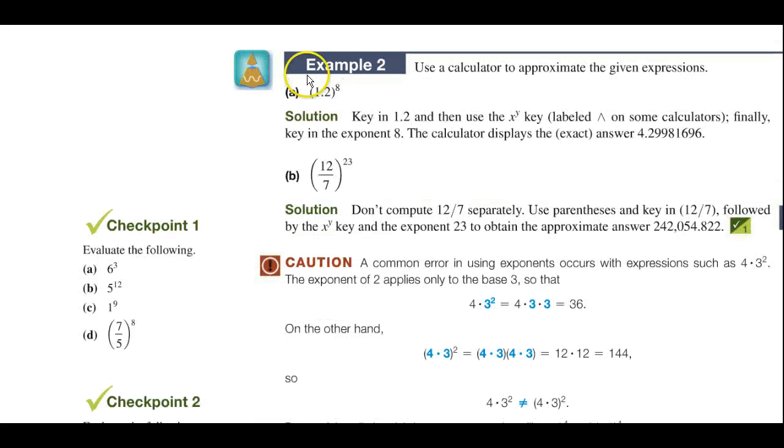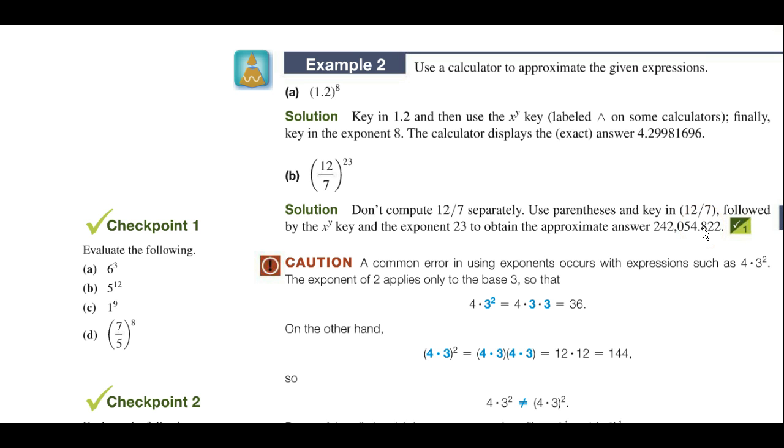Okay, example 2, we're using a calculator to approximate the given expressions. And when you do that, you get this. And in letter B, again, you put all of that in parentheses, put a caret sign there, 23, and it's approximately this.